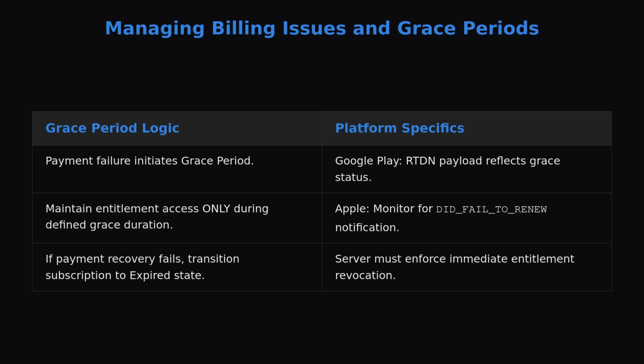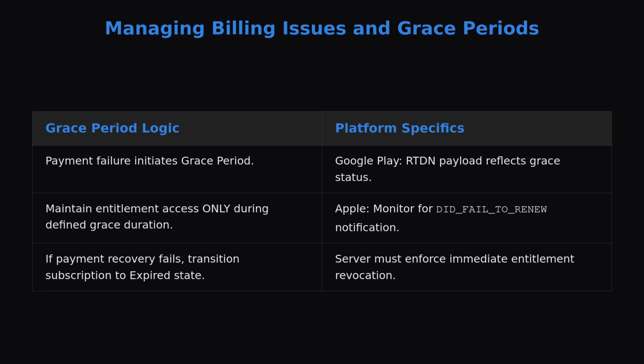If a subscription payment fails, the subscription may enter a grace period, allowing the user continued access while the store attempts payment recovery. Google Play automatically provides a default grace period, and this status is reflected accurately in the RTDN payload.